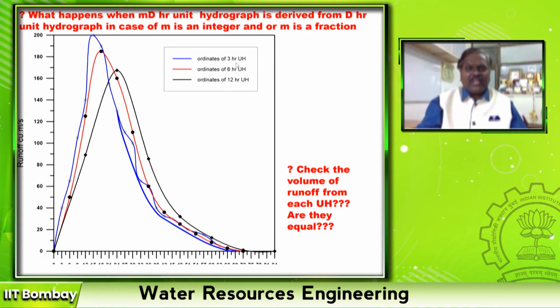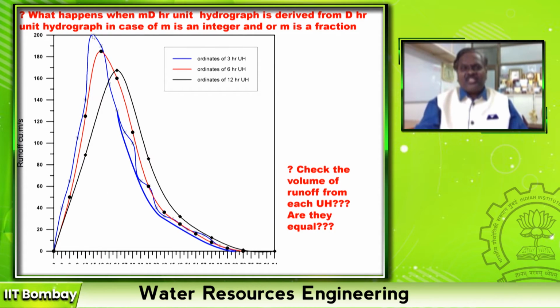That's black in color, and then with the S curve technique we have derived the 3-hour unit hydrograph, that is blue color. Now please remember, for all these unit hydrographs, the rainfall excess is 1 centimeter as well as the direct runoff. That means you estimate the area of each hydrograph divided by the area of the catchment, and that should be equal to 1 centimeter.